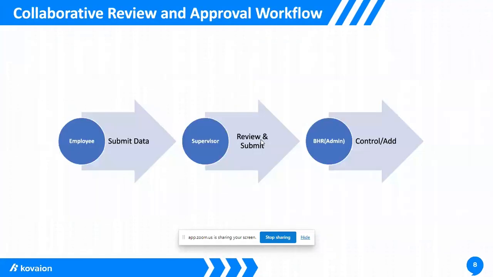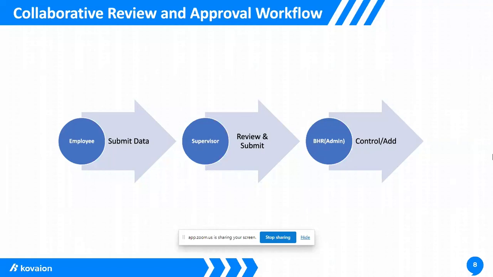Now we'll see the collaborative review and approval workflow. As I told you earlier, this is how it works. This is the workflow. The employee submits the data, and once he submits, his profile is locked, and then intimation through a mail is sent to the supervisor, so that he knows his subordinate so-and-so has filled in his talent profile.